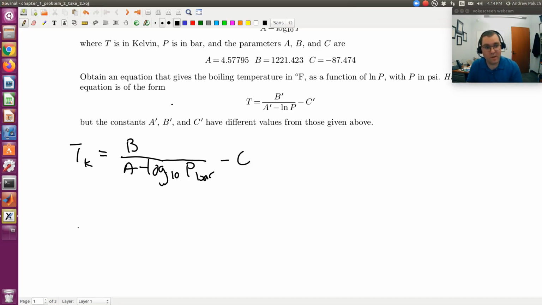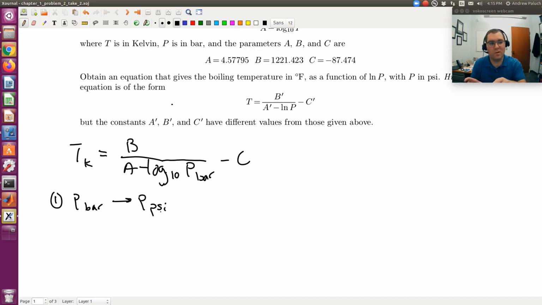Since I think it's the pressure conversion I got wrong last time, I'm going to start there. I want to convert my pressure from bars to PSI. What I mean again here is rather than taking an input of pressure in bars, I want an input of pressure in PSI. So imagine now I have an input of pressure in PSI.